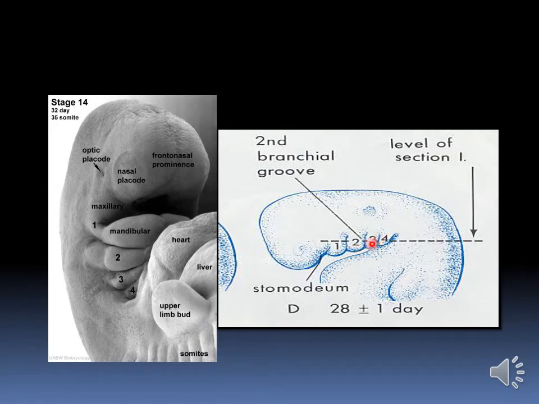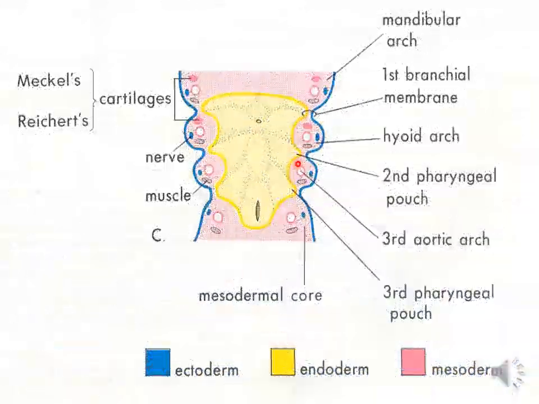Here again, these are the 4 pairs of arches. You can see only one side. From the outside, between first, second, third, and fourth, these structures are named the pharyngeal clefts. They meet the pharyngeal pouches from the inside. You can see these are the arches again. This is the outside structure.